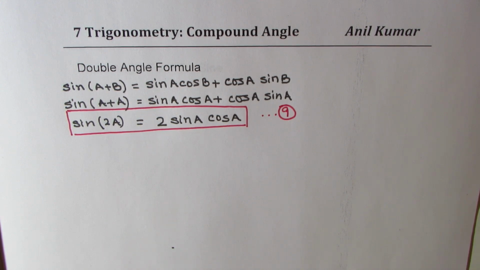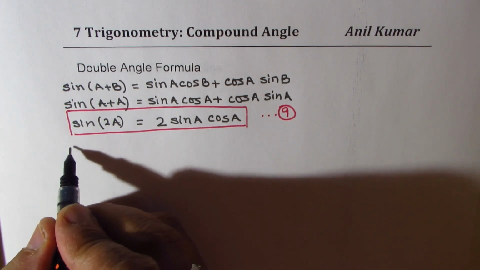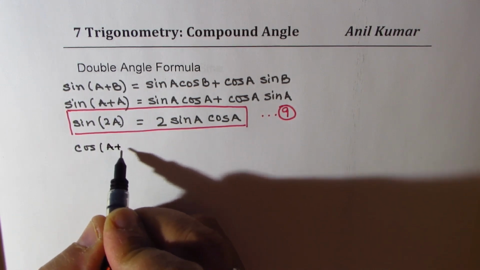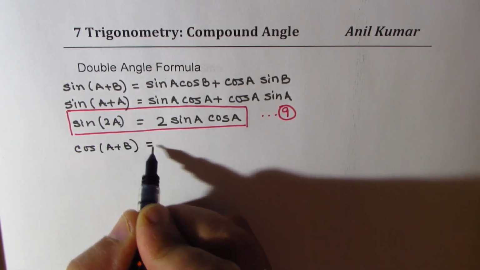Now let's derive the double angle formula for cosine. Same strategy. What is cos(A+B) equal to?